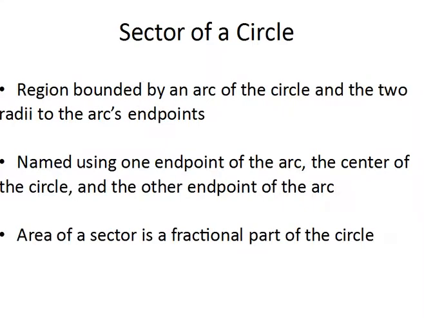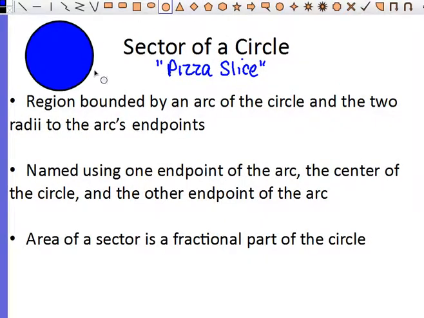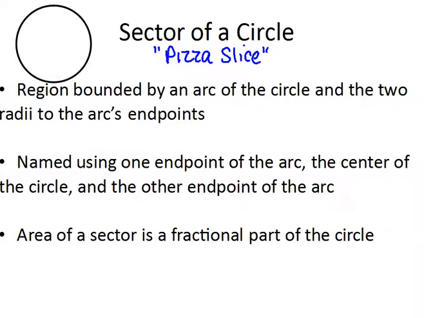All right, we're going to deal with something called a sector of a circle, and I like to call this a pizza slice because that's what it looks like. A sector is a region bounded by an arc of the circle and two radii to the arc's endpoints. So if we draw a circle and we draw this, it's bounded by an arc and two radii.